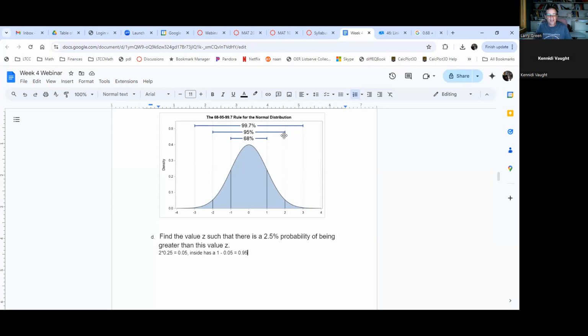Yes. So here's the 95%, and you go as far right as you can get, and you're right there. And that value of Z is 2. Any questions on that? Is that clear? Yep, the answer is Z equals 2. That makes sense?